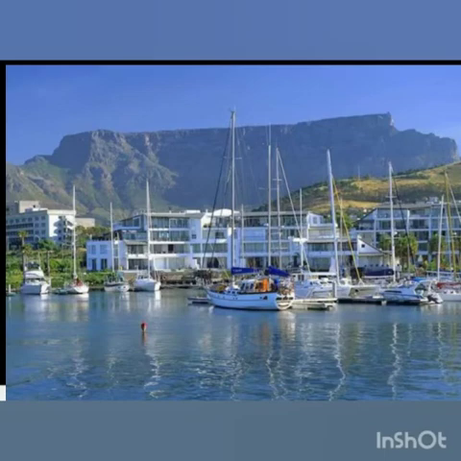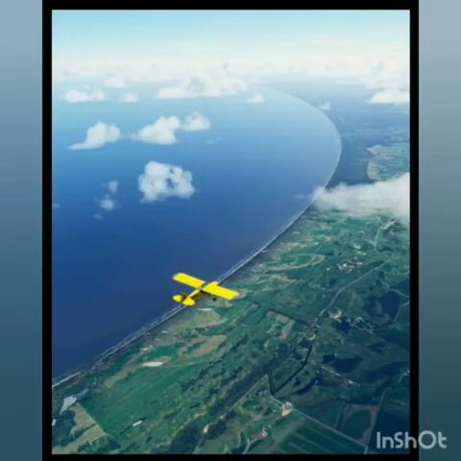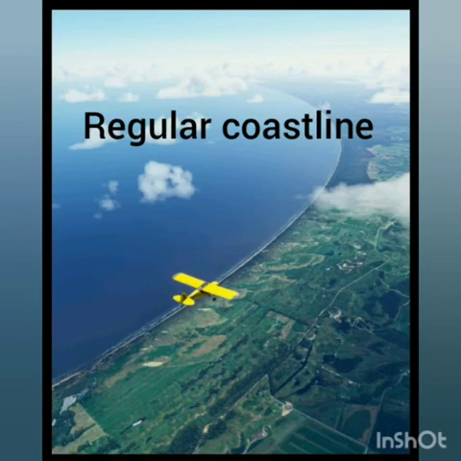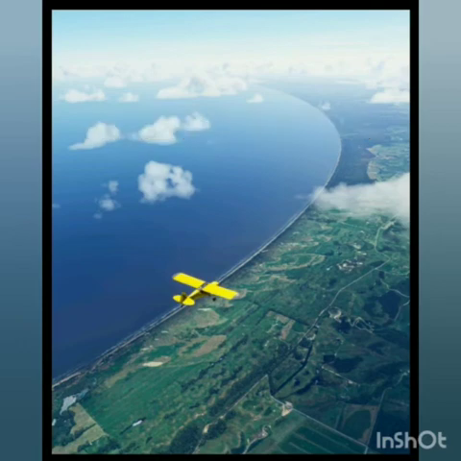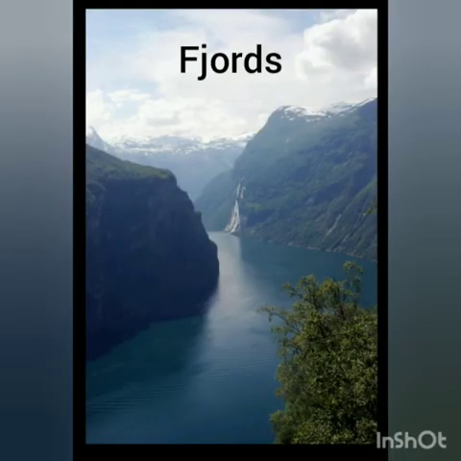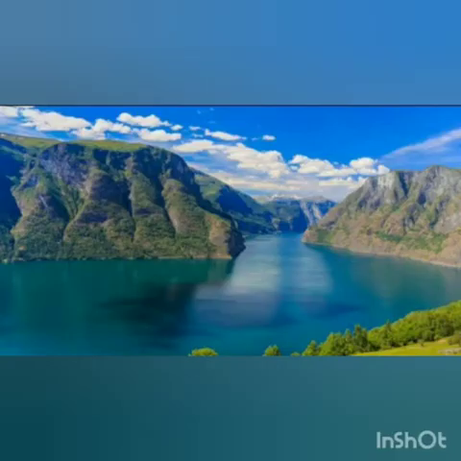In a smooth, regular coastline, land is even, so we find very few or sometimes no natural harbors. It has a smooth coastline but features a few fjords. What are fjords? Fjords are deep inlets of the sea into mountainous land.